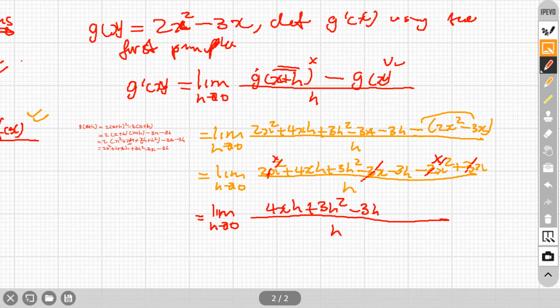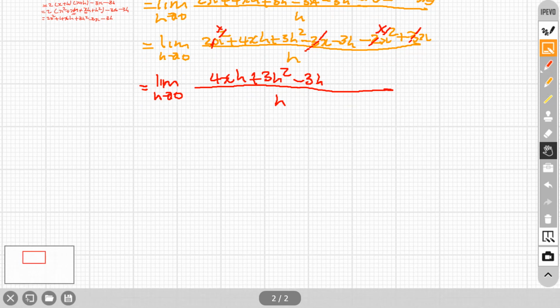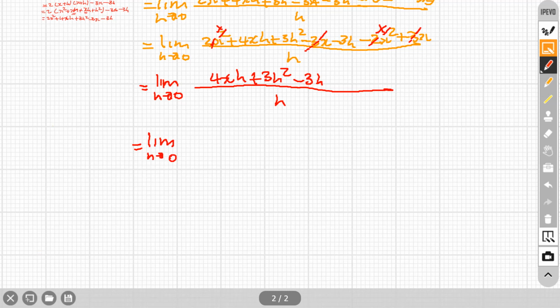Then we can tell that on top our common factor is h. Then we're going to remove it. So let me do this first. I need some room. Remember guys, we go with our lim until everything is in its simplest form.